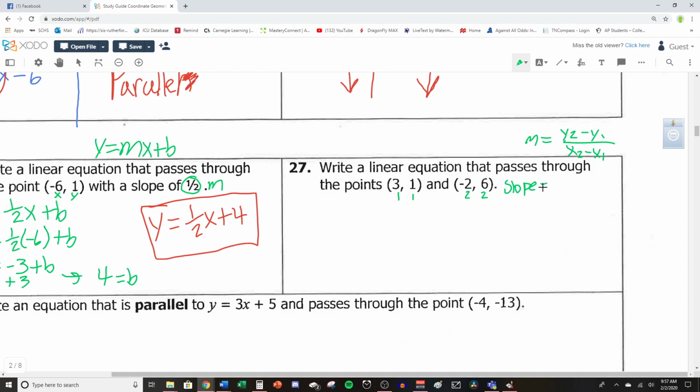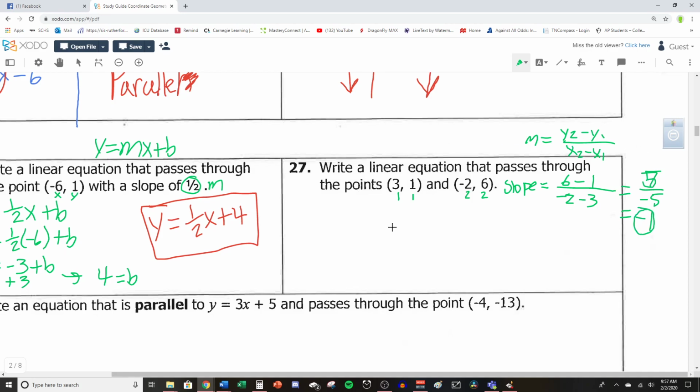That's going to be 6 minus 1 and negative 2 minus 3. That's going to get us 7 over, this is going to be negative 2 minus 3, which is negative 5. I made a mistake with this. This should be a 5. 5 over negative 5. So that is negative 1. So this is our slope here, negative 1.